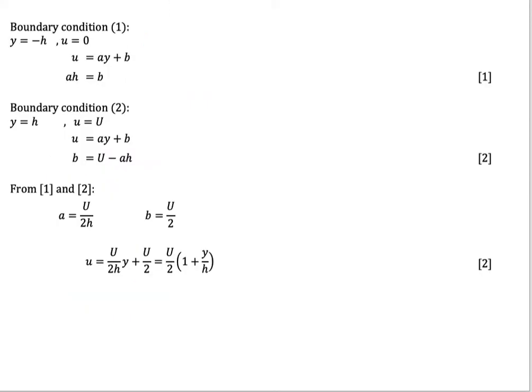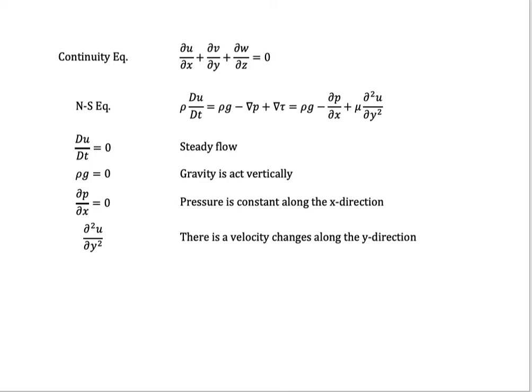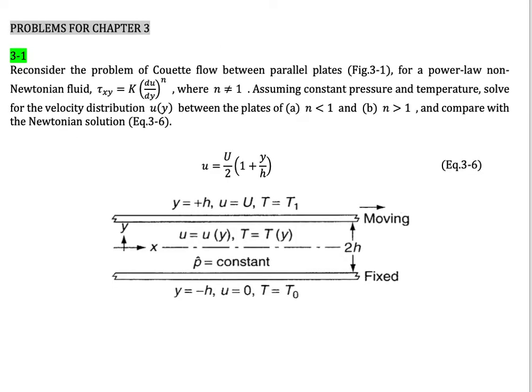And then we need to add the boundary conditions here. In this situation, maybe we assume that this is the 0. The distance to this one is positive h, and the distance to this one is negative h. It means that the total length here is 2h, but the coordinates will be negative and positive.